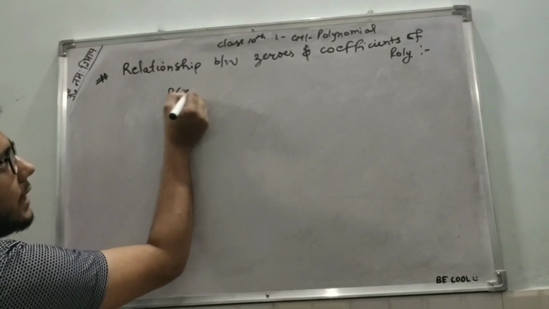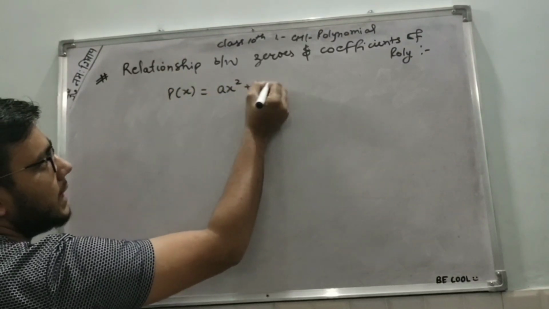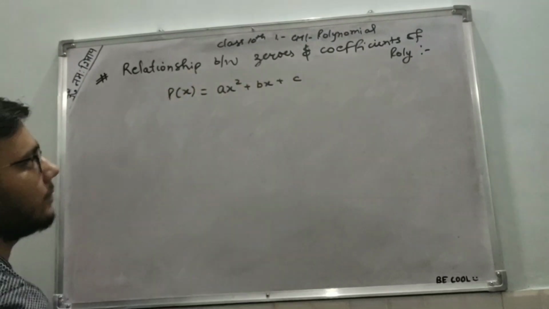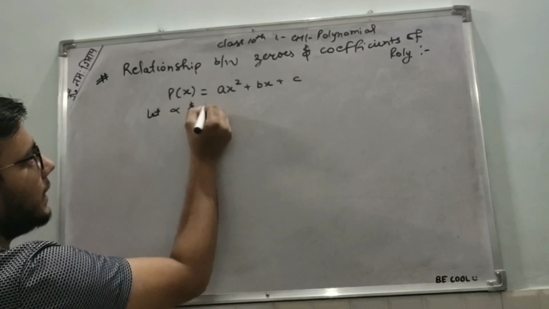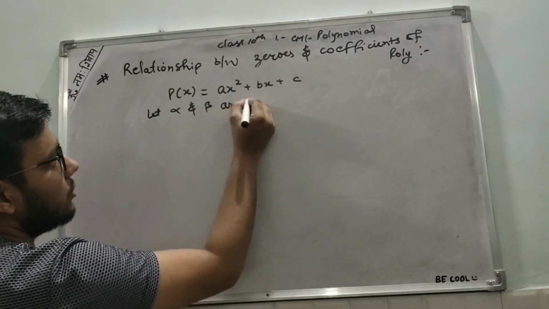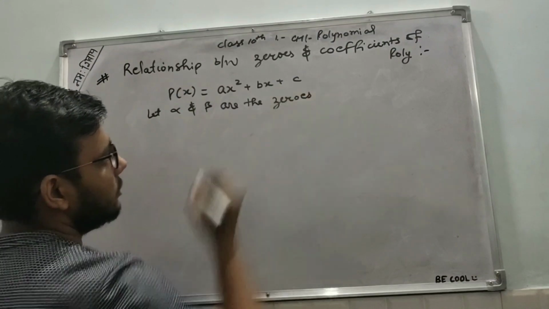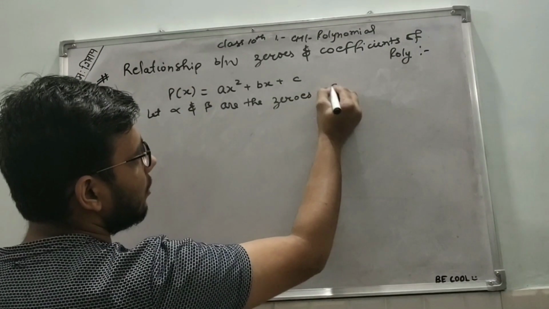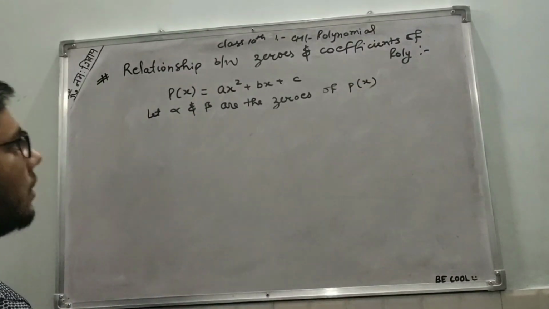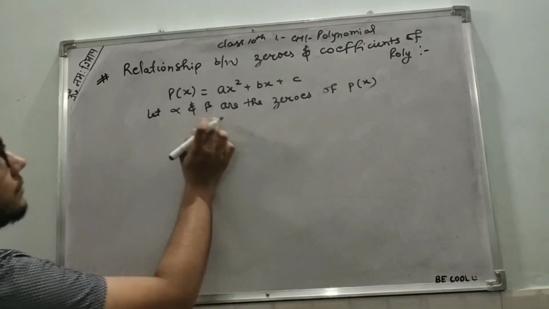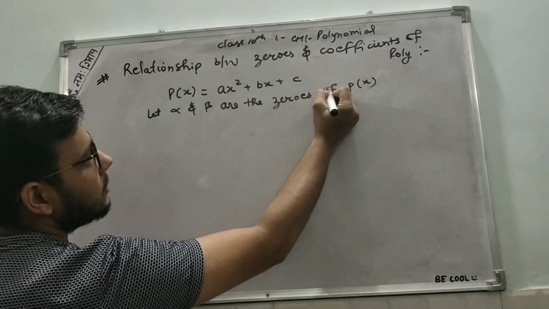Let us consider we have p(x) equal to x square plus bx plus c. Now let alpha and beta be the zeros of p(x).